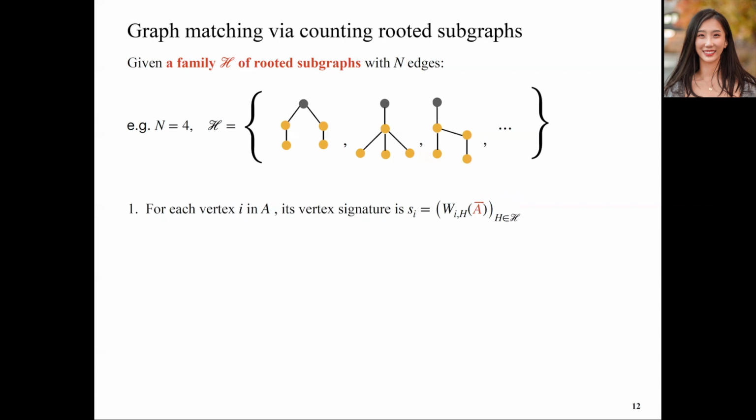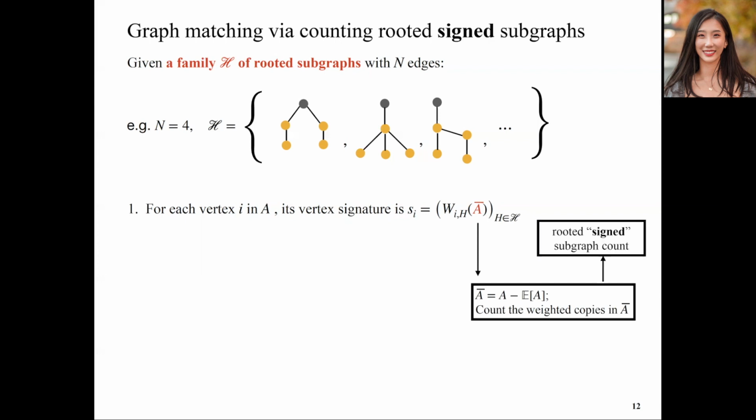Let's first center the adjacency matrix of A so that we can view A as a complete graph, where each two vertices are connected. Each edge has a corresponding weight, and the weight depends on the centered adjacency matrix. Then, having this weighted complete graph of A, we count the number of weighted copies of H that appear in this complete graph, and we call it the rooted sign subgraph count.